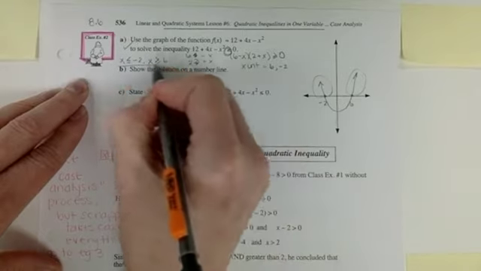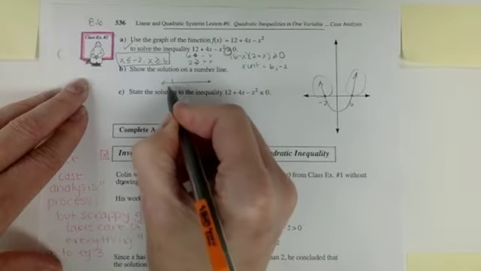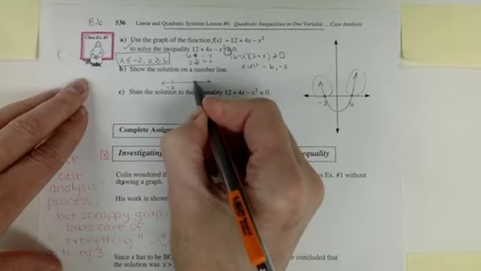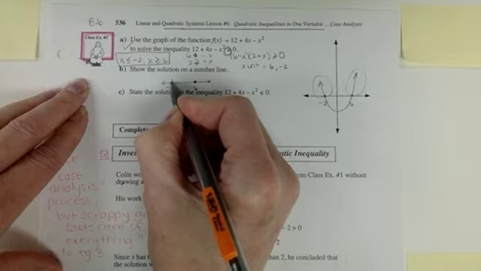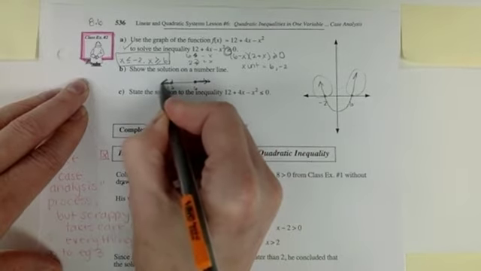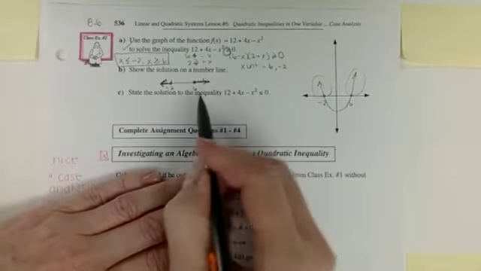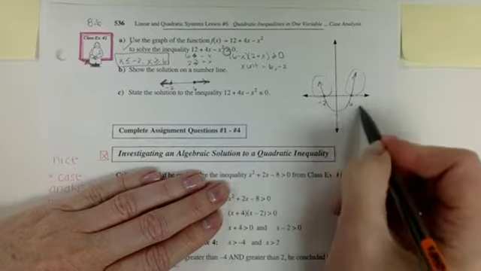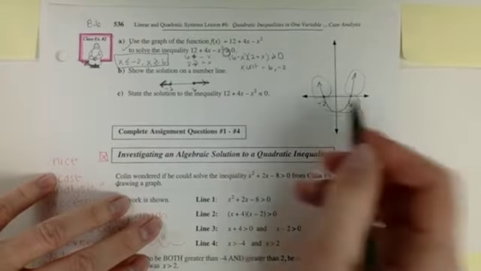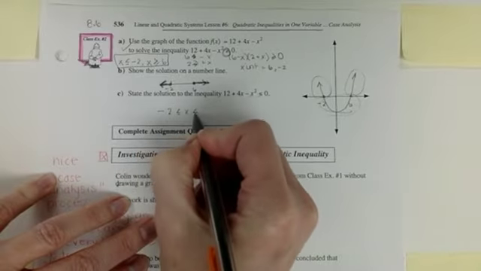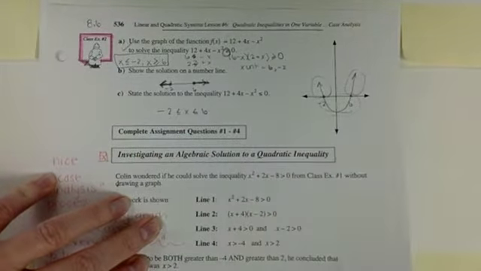So on a number line, -2 and 6 are shaded, so a solid dot, and above and below. Then the solution to the less than or equal to here is -2 less than or equal to x less than or equal to 6. Great.